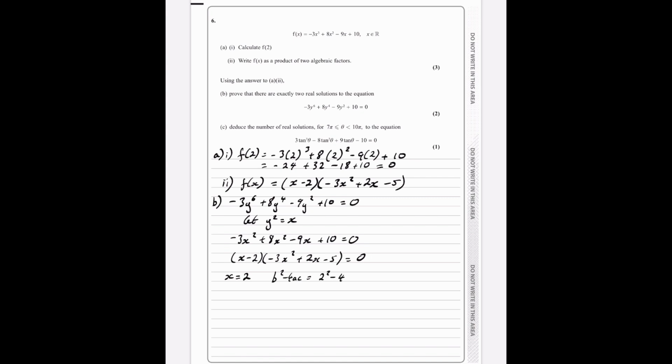It says that there are exactly 2 real solutions. I'm actually not expecting to find any from this. If I calculate the discriminant, b squared minus 4ac of the quadratic, we get negative 56, which is significant because it's less than 0. And that implies that there are no real solutions coming out of that quadratic. The only solutions will come from x equals 2.